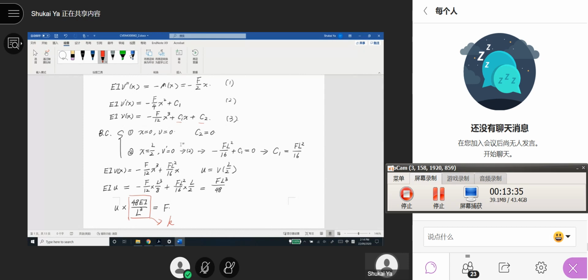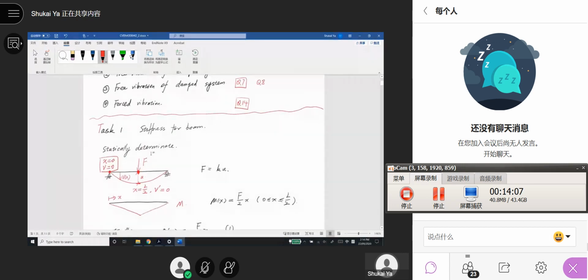And for sure, maybe you have another method, such as principle of virtual work or something like that, to derive the relationship between F and U. It depends on you, but Sasha provided this method. If you can understand this one, it is very, very good. Any question on this one? We want to derive the stiffness for this simply supported beam.